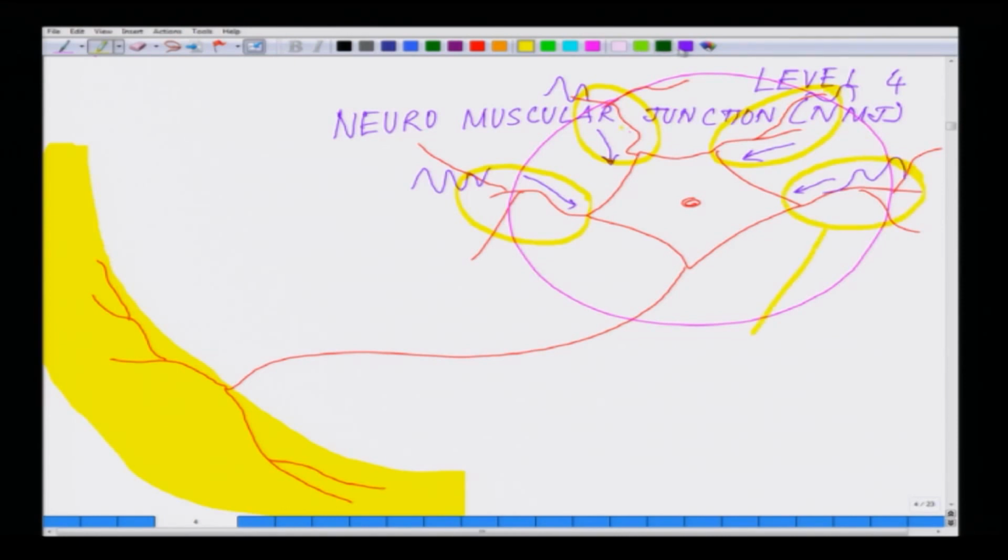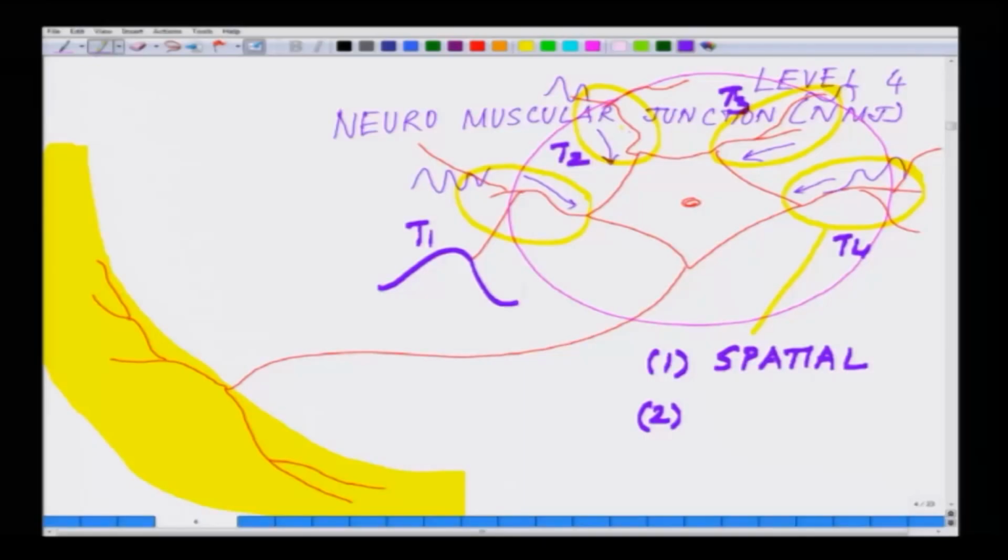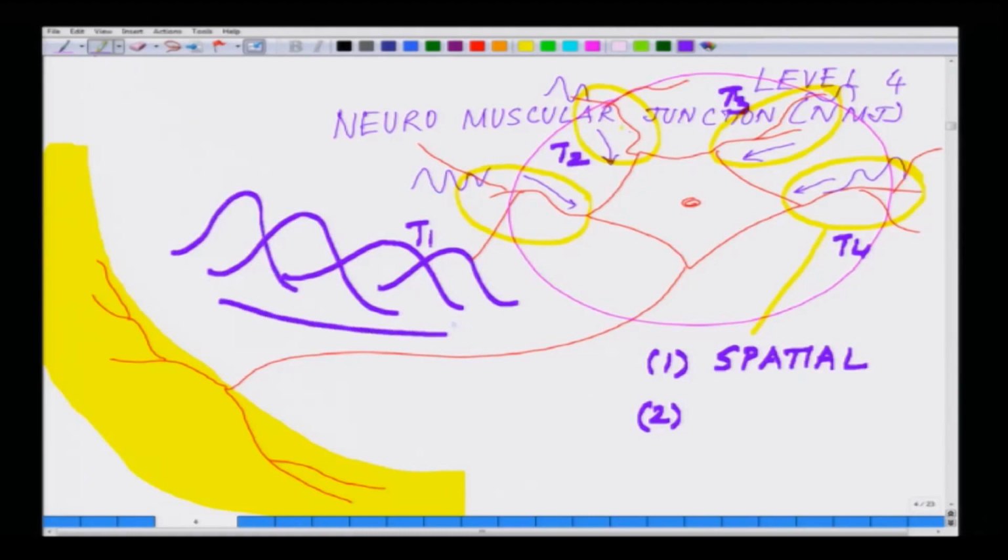So, that is why it is spatial. And it is also temporal, because the signal may come at time t1, time t2, time t3, time t4, and one signal may overlap over another signal. So, say for example, like this, then another signal coming like this, then another signal coming like this. Okay. If this one is T1, this is T2, this is T3, this is T4. So, this is also called temporal.